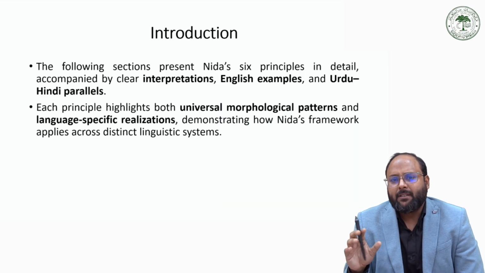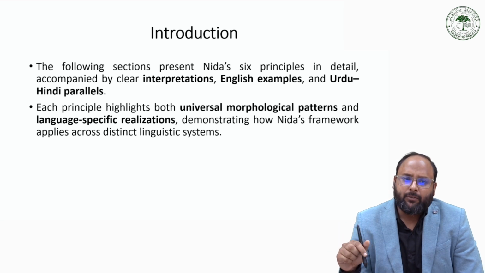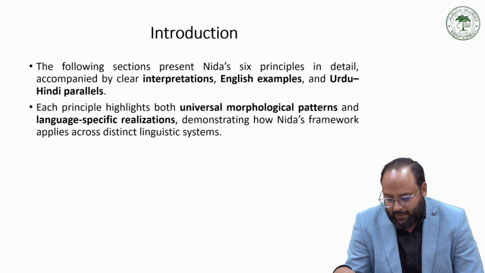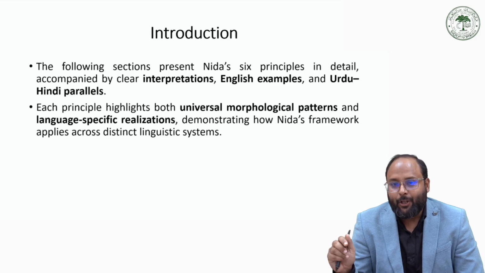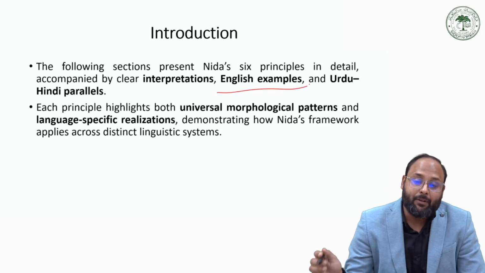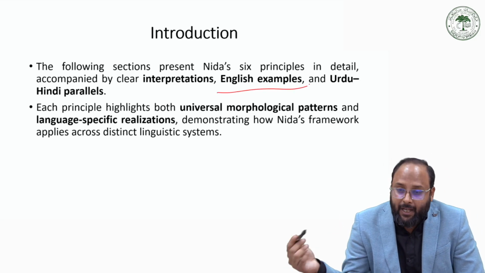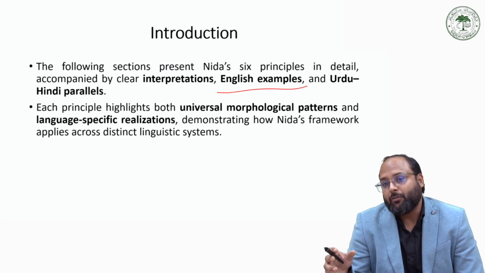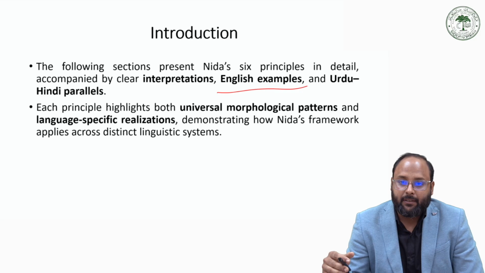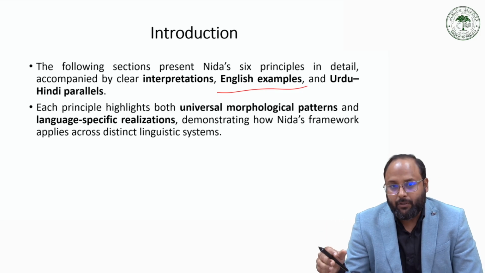So we have discussed the Nida six principles in detail, with the clear interpretation of the English examples, and in parallel we discussed the Urdu Hindi examples. Basically, Nida defined those principles on the basis of English examples. So we have taken those examples, and I tried to give parallel examples in Urdu Hindi for more understanding, or for clear interpretation in Urdu Hindi.